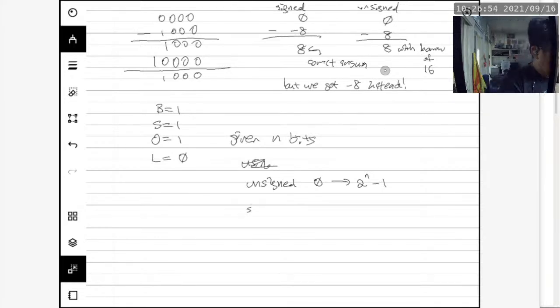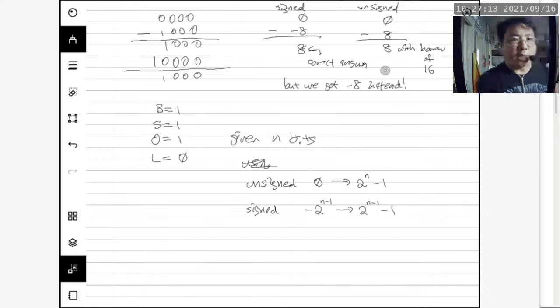Using the signed interpretation, the lowest value you can represent is -2 to the power of n minus 1. The most positive value you can represent is 2 to the power of n minus 1, the whole thing minus 1. So after a subtraction, if you look at things from the signed perspective, if the difference is not within this range, then an overflow has occurred.